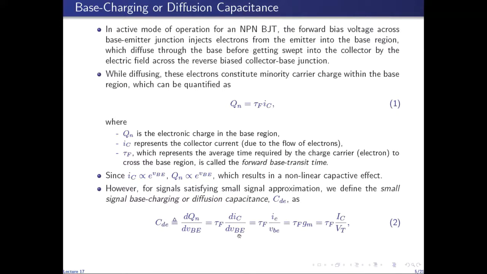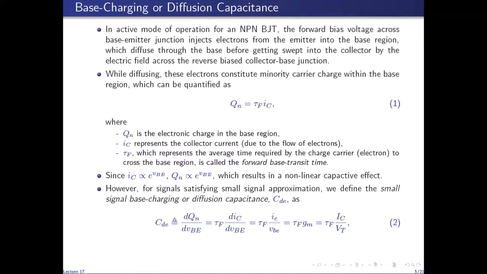So for small signals, we know that this represents the slope of the IC-VBE curve at a fixed point on the curve, which is the bias point.